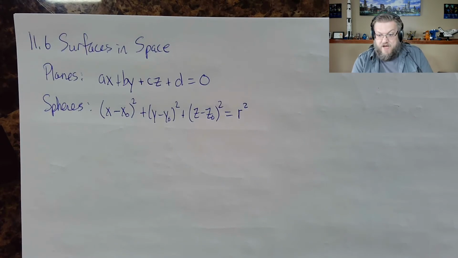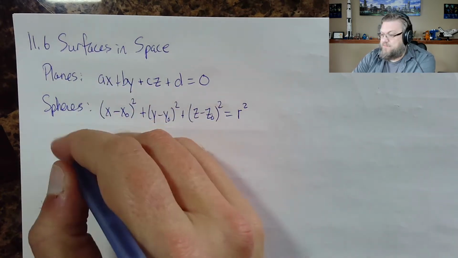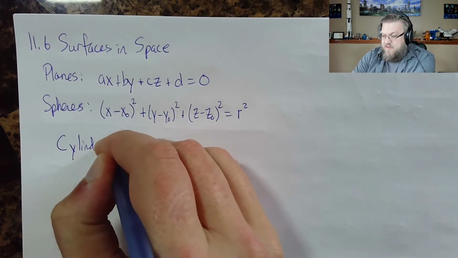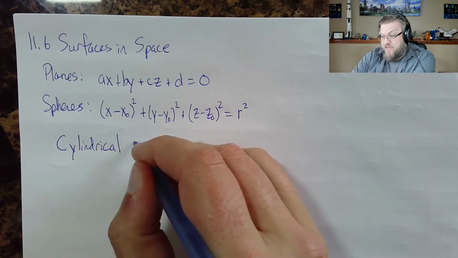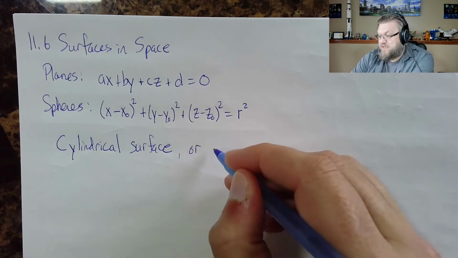So we have a couple examples of surfaces. I'd like to talk today about a third type of surface, and they're called cylindrical surfaces, or sometimes just known as a cylinder. So these are going to be familiar but new in a way as well. A cylindrical surface, or just simply a cylinder.